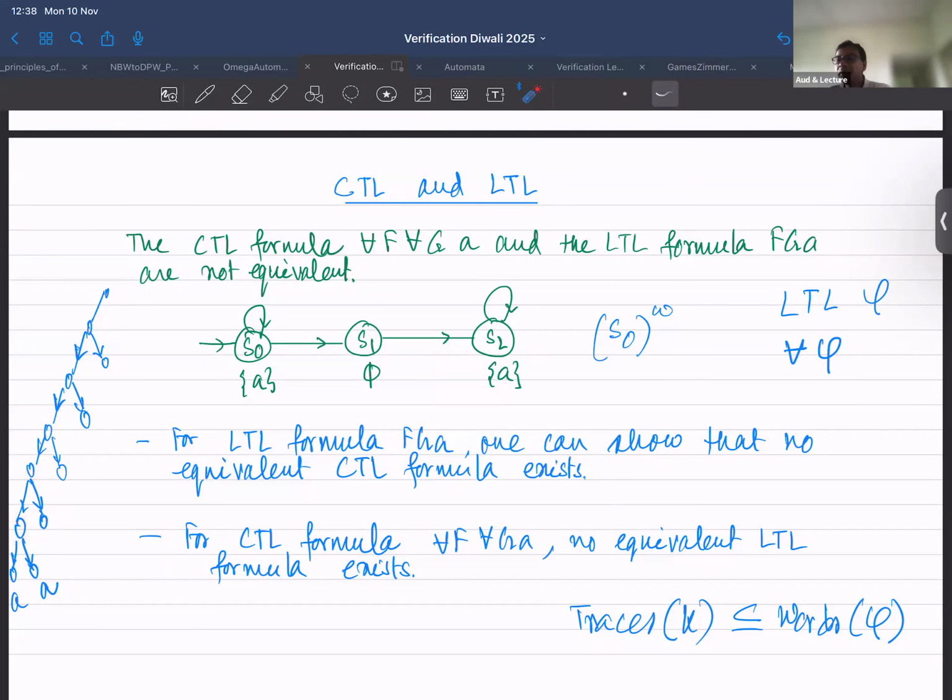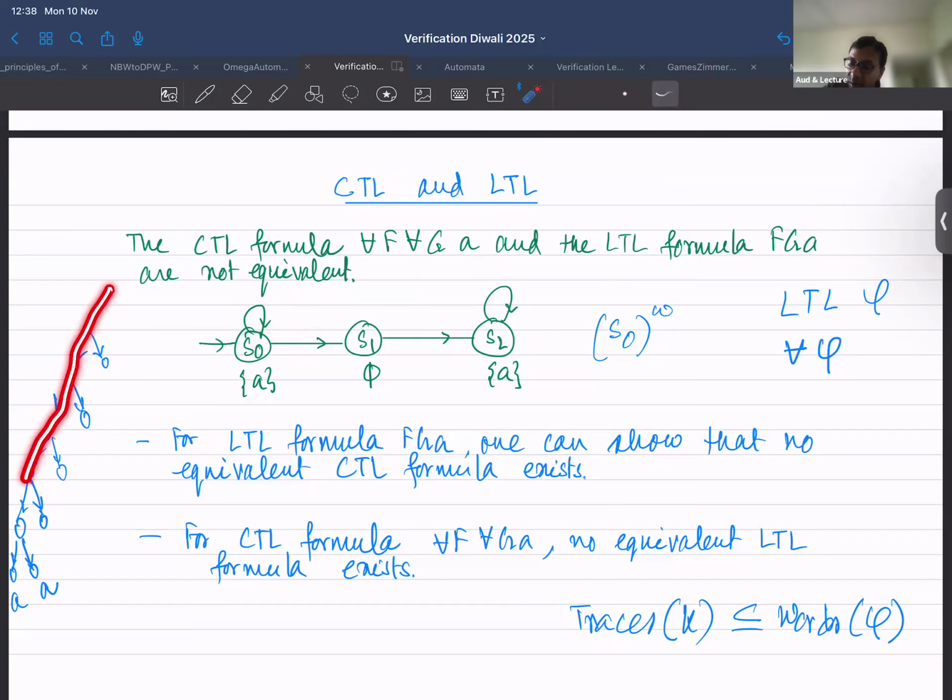That's what CTL has, which LTL somehow doesn't capture. Here we are saying eventually for all paths. When I'm at S0 omega, at every point I'm looking at this path as well as this path, whether I can satisfy globally A, which LTL doesn't capture.